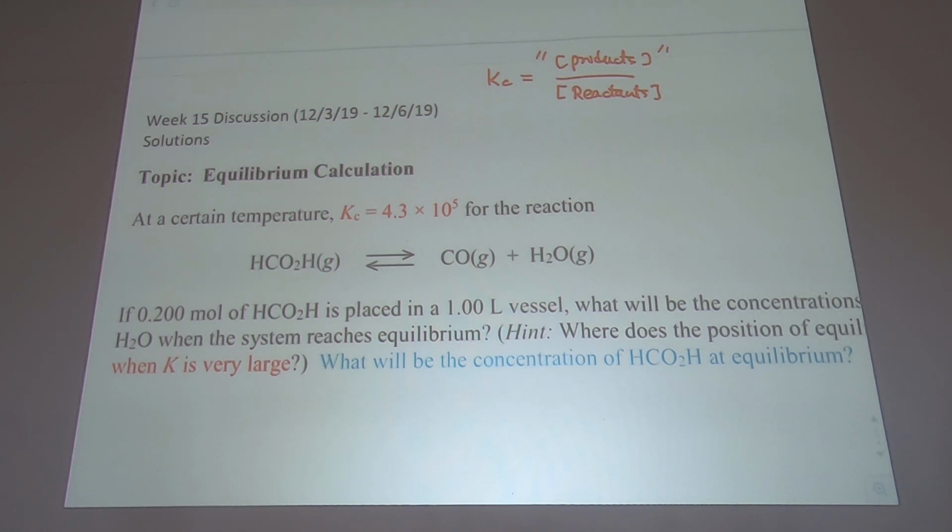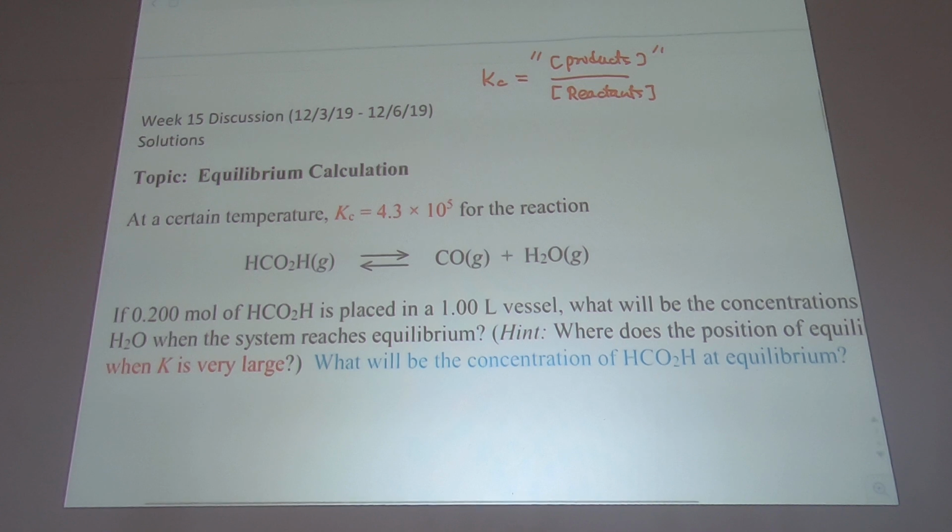And if the Kc value is really large, something like 10 to the 5th, what I mean is you have a 1 on the bottom and the top is like 0.1 million. So there is a lot of products at the end, at the expense of having a small amount of the reactants. So that's the meaning of these two.